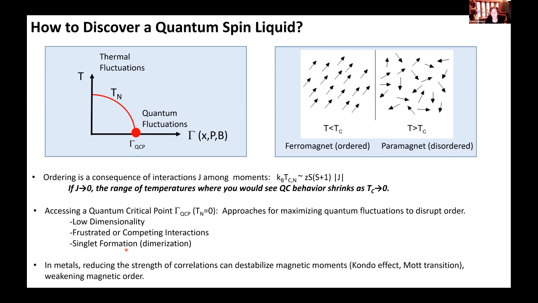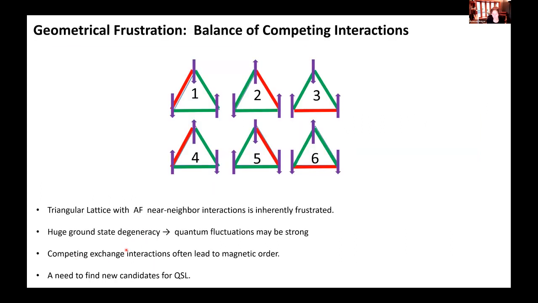So I'm just going to make a note as I go by that there's an additional piece of this physics that I'll come to in a minute, which is different between metals and insulators. But for now, I can say that the essence of geometrical frustration can be basically understood by looking at the simplest example, which would be a triangle, where I'm going to put a moment on each of the vertices.